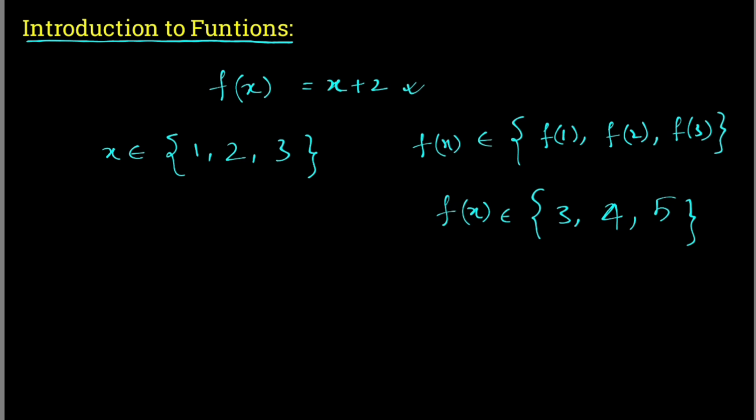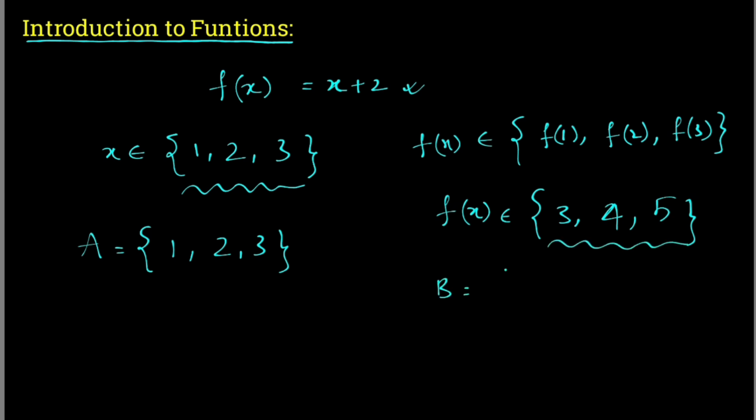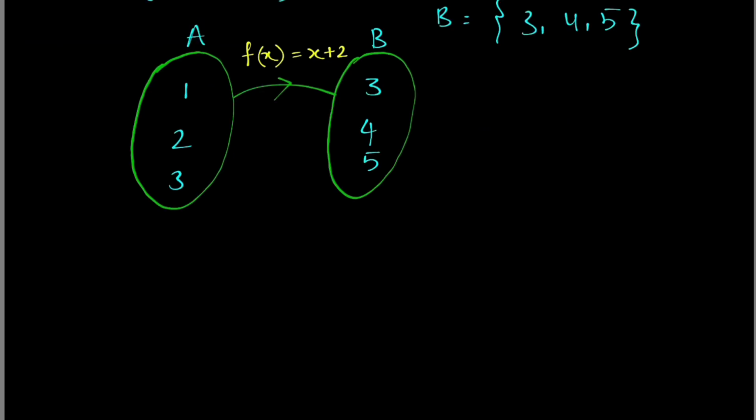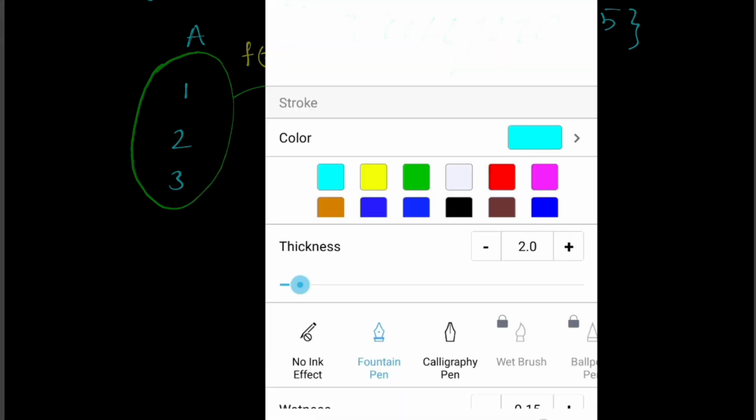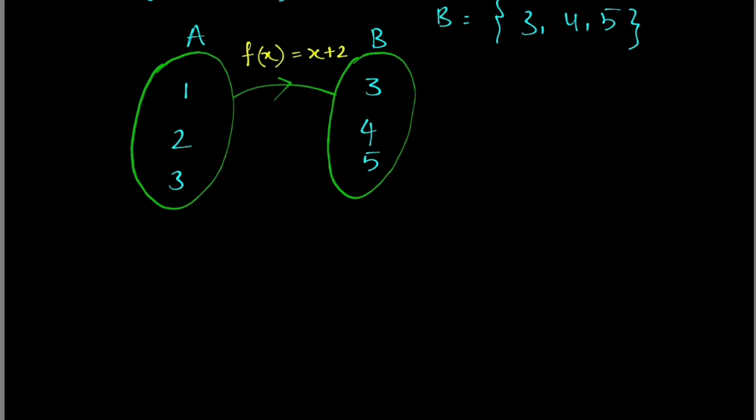This entire set is the values of set A, and these output values, 3, 4, 5, are the values of set B. And here comes the pictorial representation of two sets, where I can say set A is the set of input values, and set B is the set of output values.